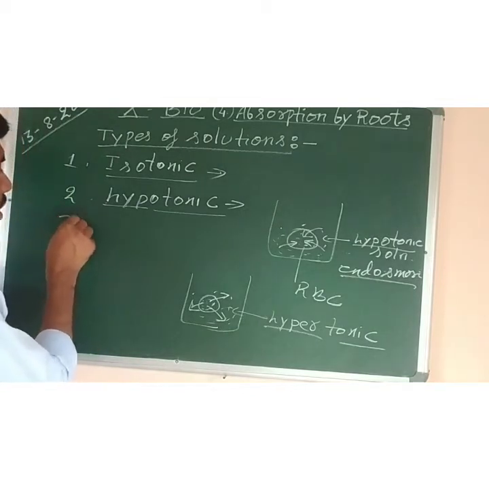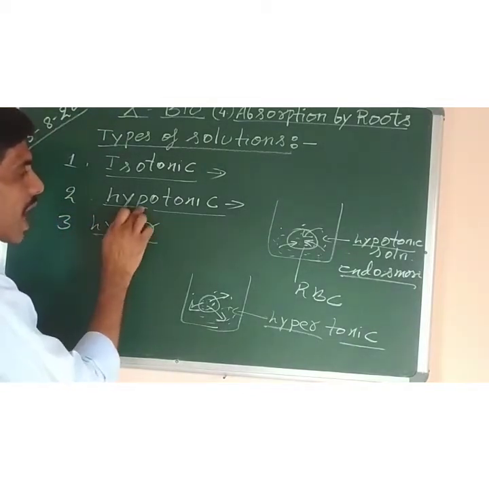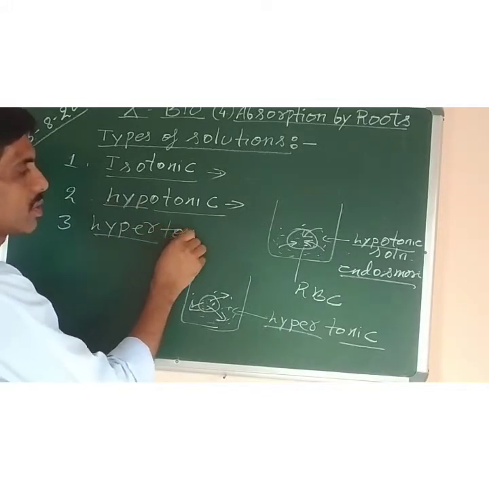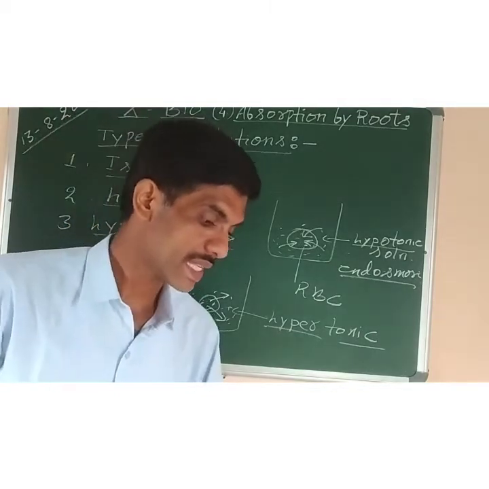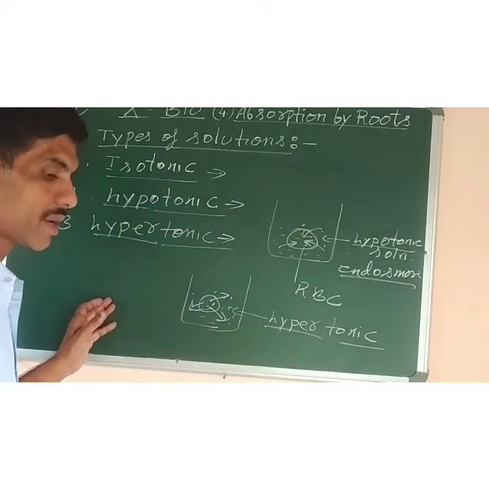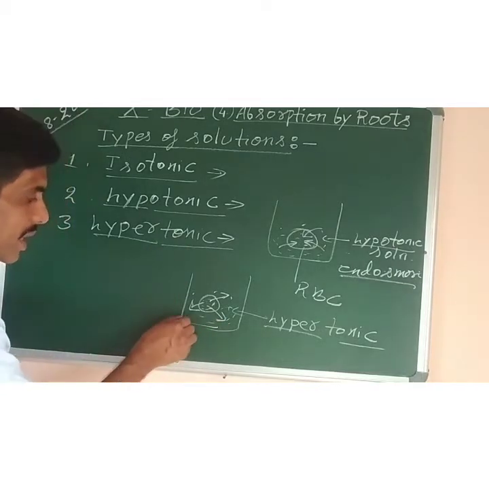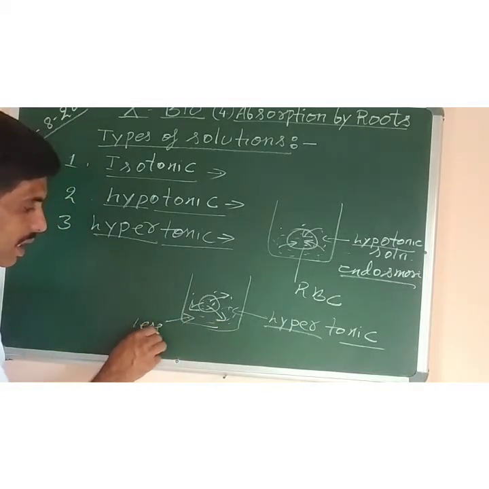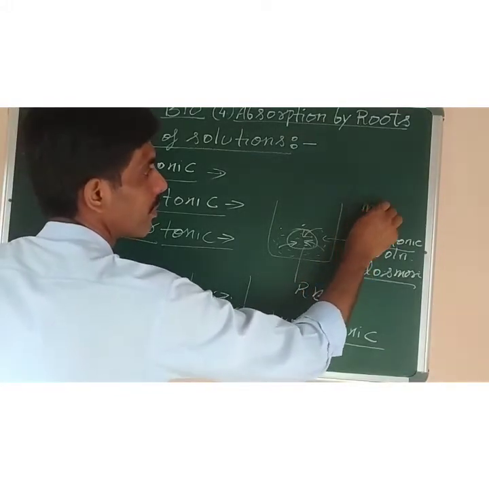So the third type of solution is hypertonic. Only this spelling you have to check. So what is hypertonic solution? How to define it? Hypertonic solution is one in which the concentration of water molecules outside the cell is less. So here water is less in hypertonic solution. Here water is more in hypotonic solution.